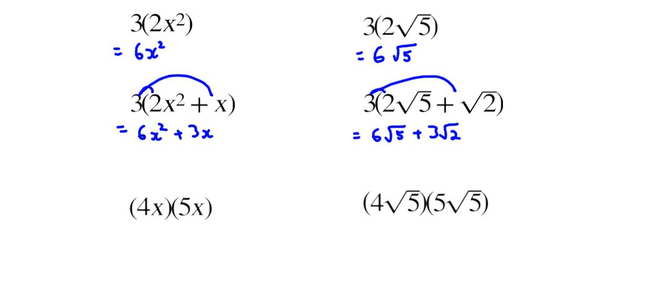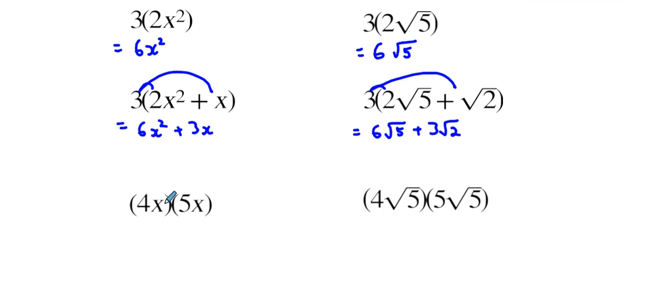Moving on with another example here. If I had 4x times 5x, in this case, I would multiply the 4 and the 5 together, and I'd get 20. And then I would multiply the x and the x together, and I'd get x squared. So this is exactly what we do over here with the radicals.